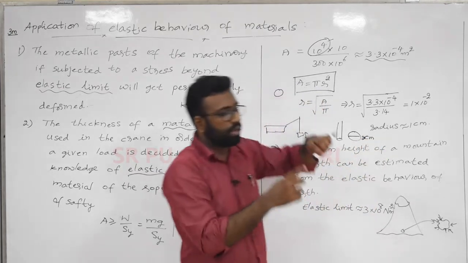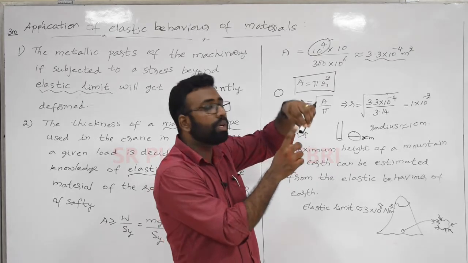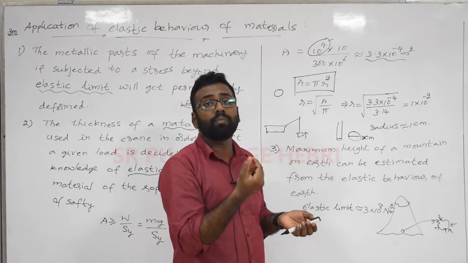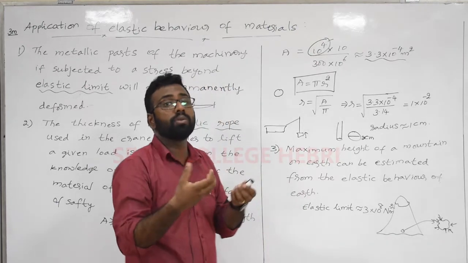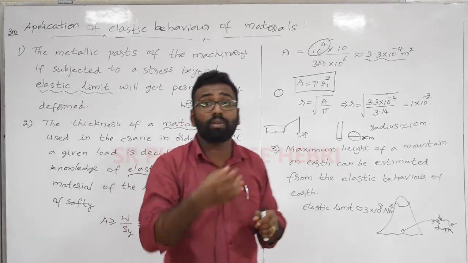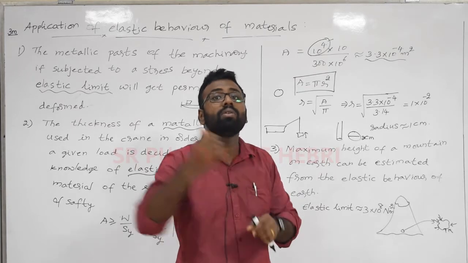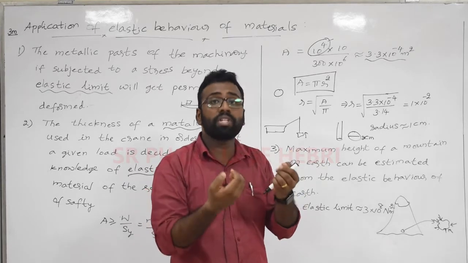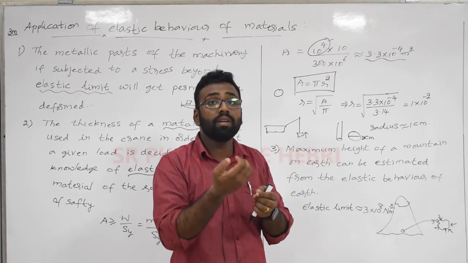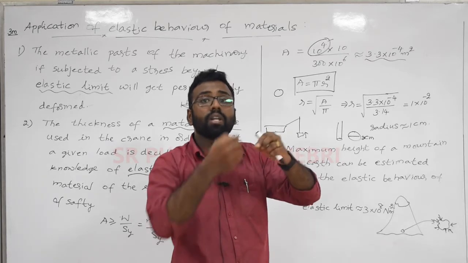So if you take a wire of diameter 2 centimeter, obviously you are going to have a rigid body. You will have a rod. So rod cannot produce such kind of effect, or the elastic effect will be less there. It will undergo deformation easily. That's the reason why thin wires are used.